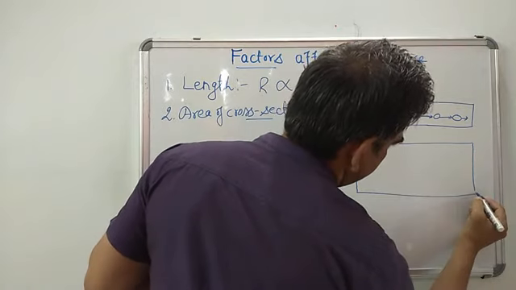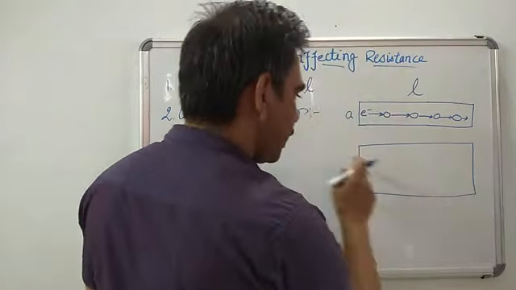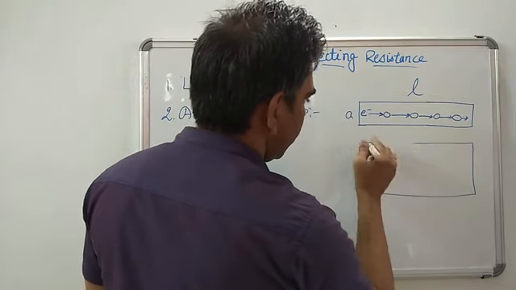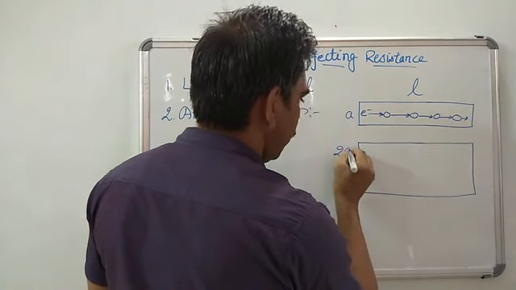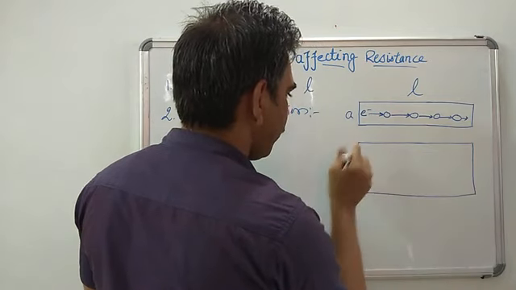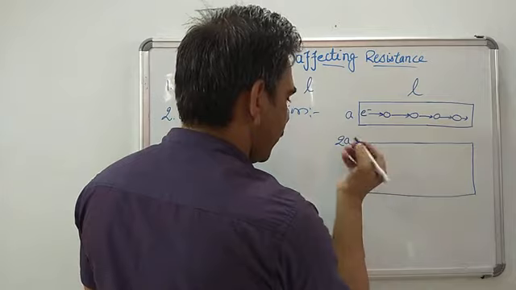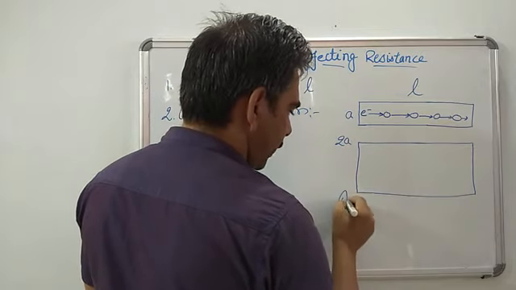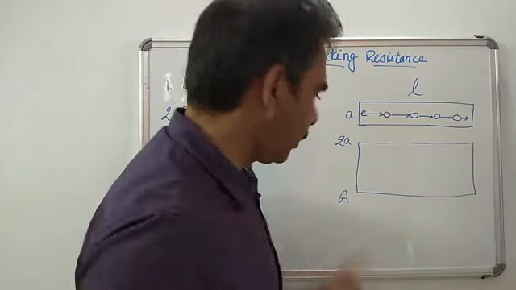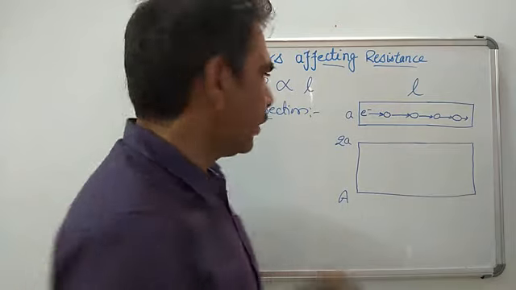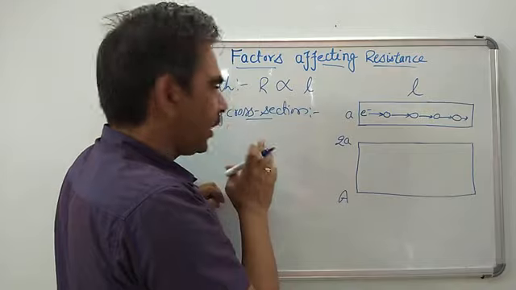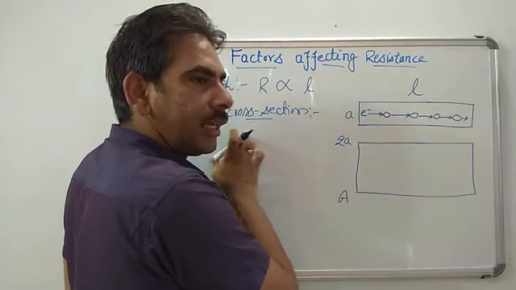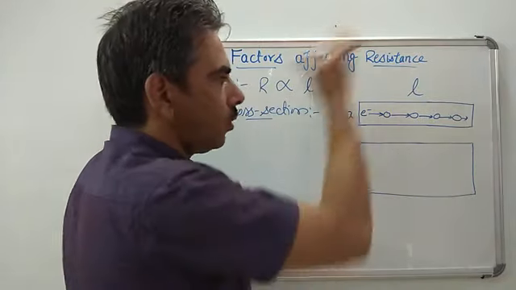This second conductor's length is the same, but its area is double the previous one. So it is 2A, or I can also write the first as A, the area of a conductor, right? In the first case, I am trying to explain the effect of the area of cross section of the conductor on the resistance.